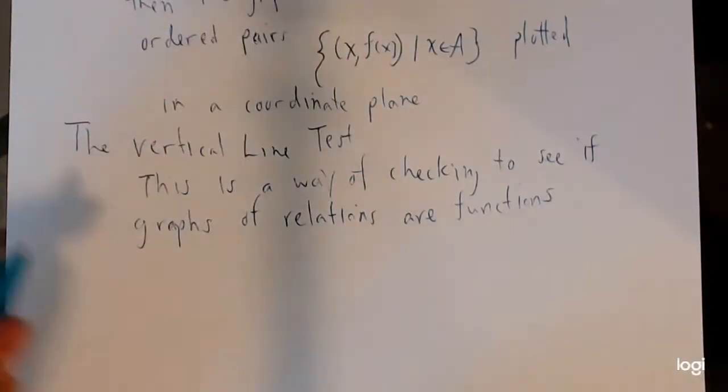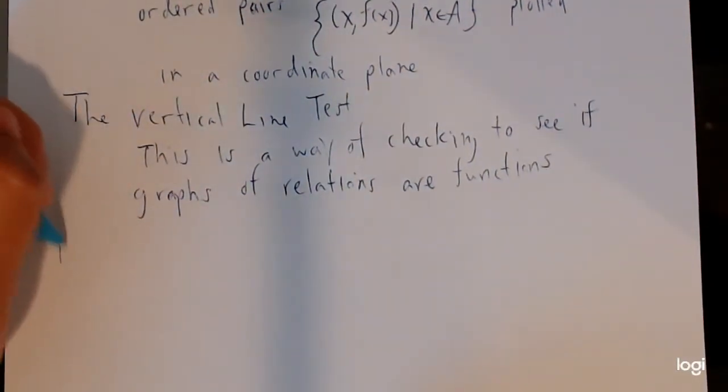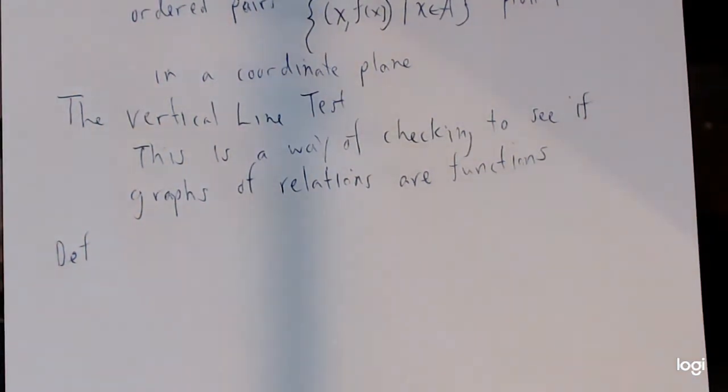So let's define what the vertical line test is, and then we'll make sense of why that's the case, or visually why that works the way it does.